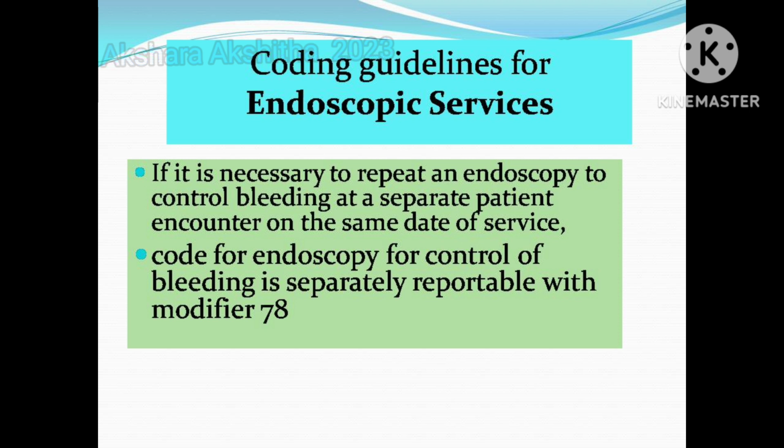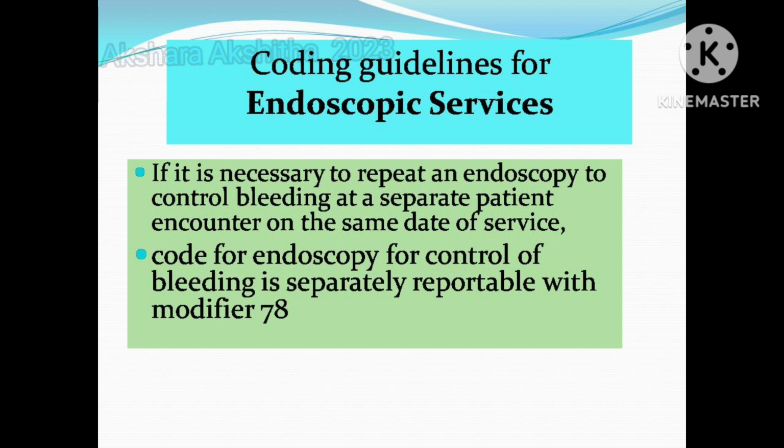But if the main procedure is completed, the patient went home, and then returned to the hospital for the bleeding only, and the doctor performs the control of bleeding procedure to control that bleeding, this time we can bill control of bleeding with the 78 modifier.